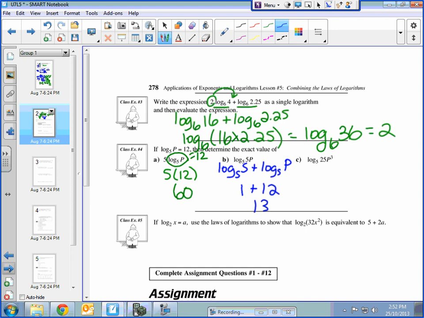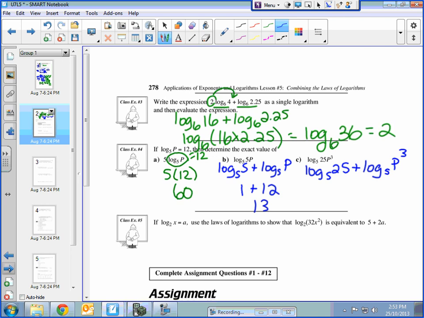If I have 25 times p cubed, how can I write this as 2 logarithms? Don't use 12. Just go p cubed. It's not 12 to the power of 3, it's 3 times 12, eventually.